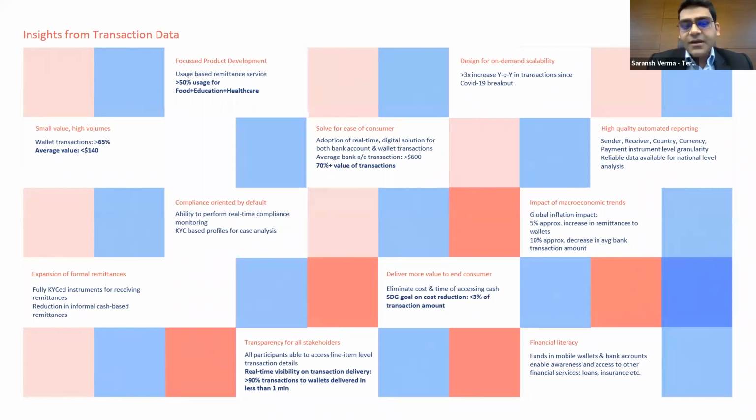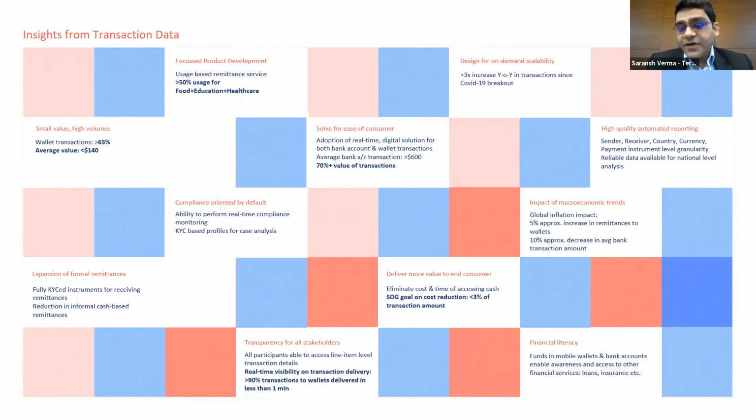We currently have in excess of tens of millions of KYC-based profiles where we can identify if someone is trying to send a transaction using multiple KYC IDs, and in real time screen those.